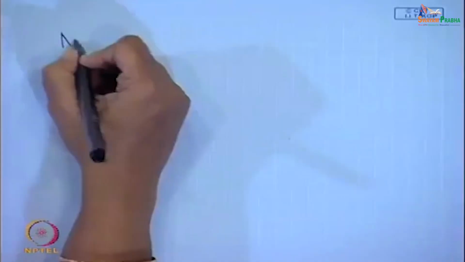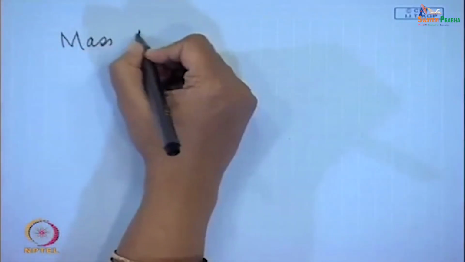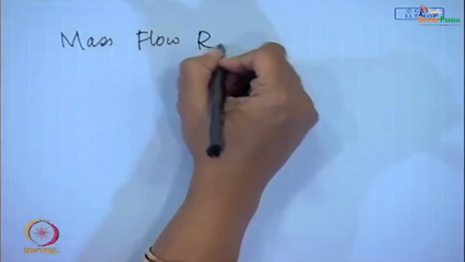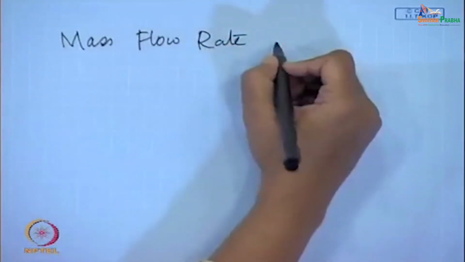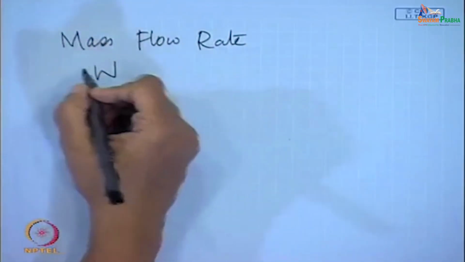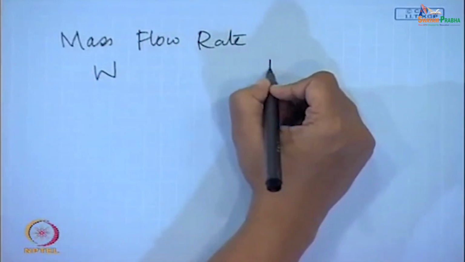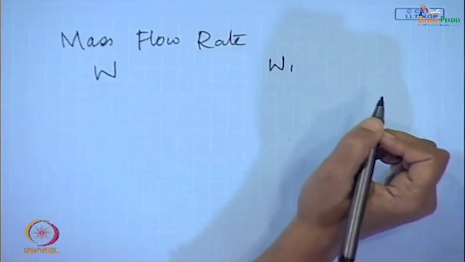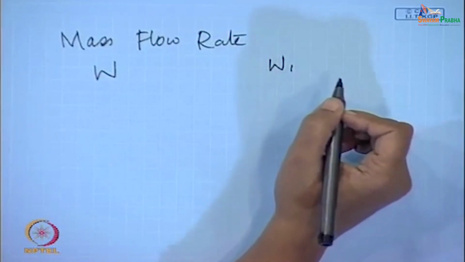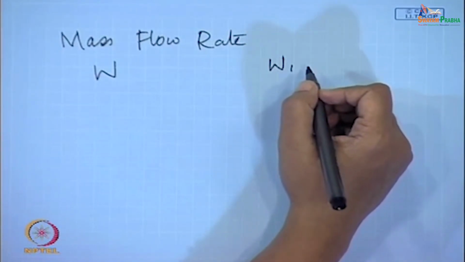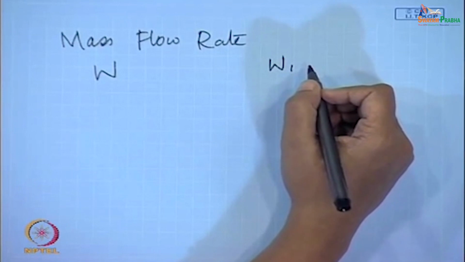So, normally for mass flow rates till now you have used m dot and things like that. For this particular class I would like to use W for the mass flow rate. So, for single phase cases, this is going to be W. Accordingly, here we can have W1, the mass flow rate of phase 1, which is usually the liquid phase for vapor liquid or gas liquid.